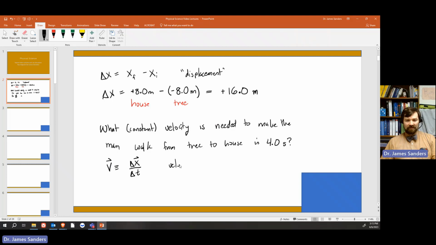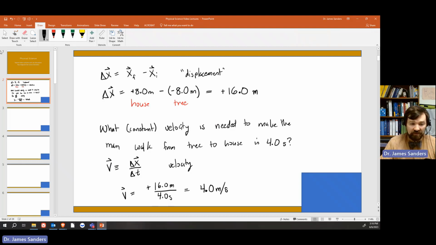This is velocity. In this case, v is equal to positive 16.0 meters. We found the delta x up here, and this really is a displacement vector, so we can put the little vector sign over it because of the plus and minus signs. 16, and the question says in 4 seconds, so divided by 4.0 seconds. This should be 4 meters per second.